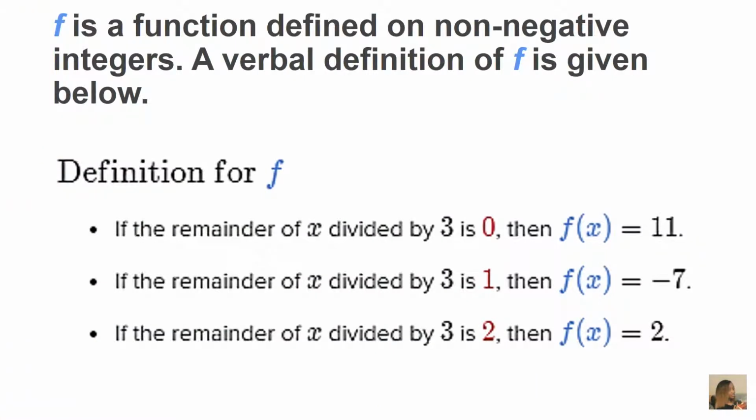f is a function defined on non-negative integers. And in case you're unfamiliar with the term integer, integers are whole numbers such as 0, all the counting numbers 1, 2, and 3, as well as negative numbers like -7 or even -11.